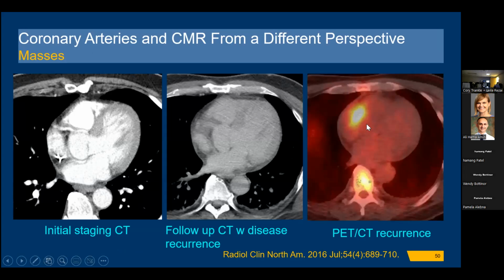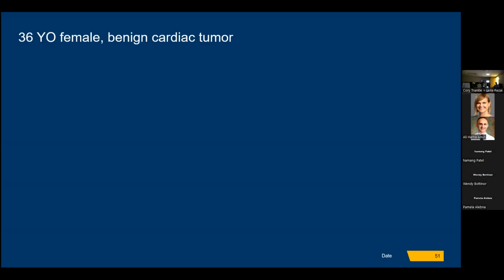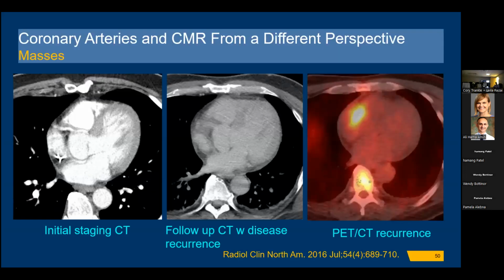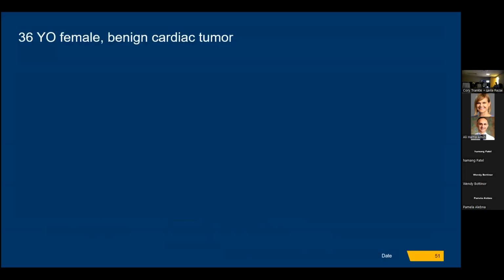We should not forget that because of the inert activity of the blood pool on PET scan, occasionally these things can be dismissed. But this was the same location, and it was cardiac metastases from the lymphoma with encasement of the right coronary artery. Again, the patient received treatment. However, I believe this patient passed.